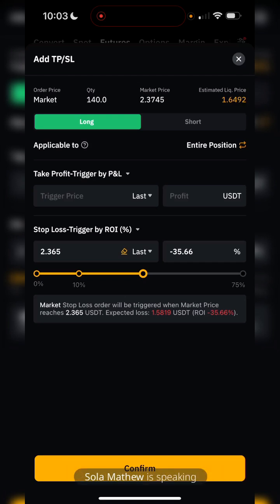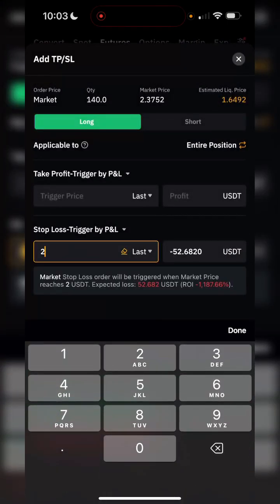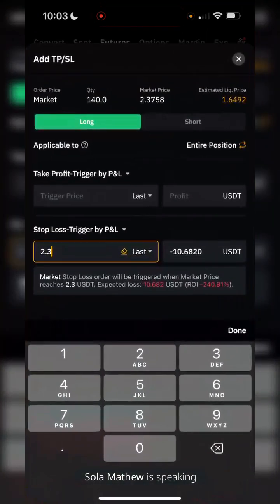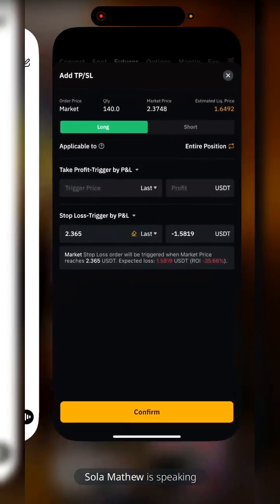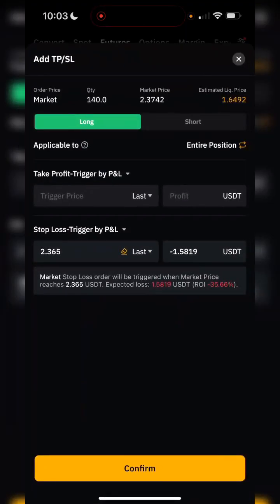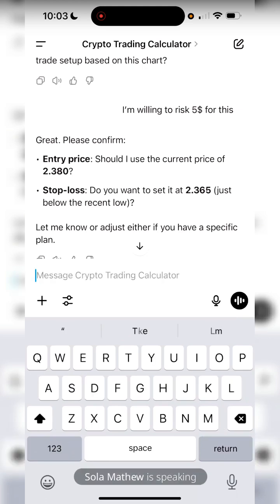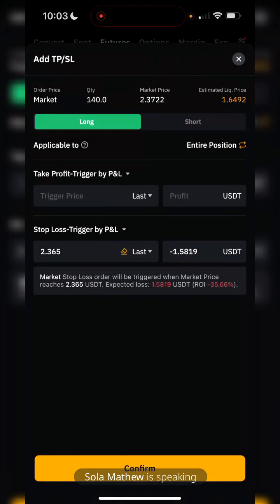For limit, let's see. 2.365, it's the same thing. I don't know, because I told you I'm willing to risk $5. Normally it should be more than that. The price is changing, so that might be the reason. The price that it gave us is higher, so that's why it's not like that.